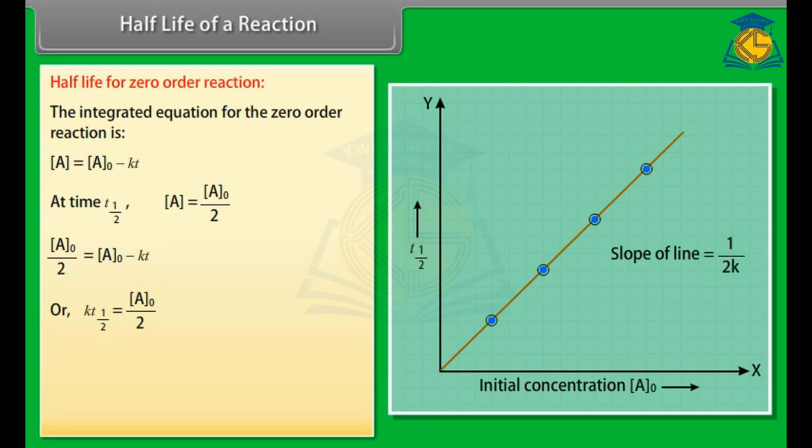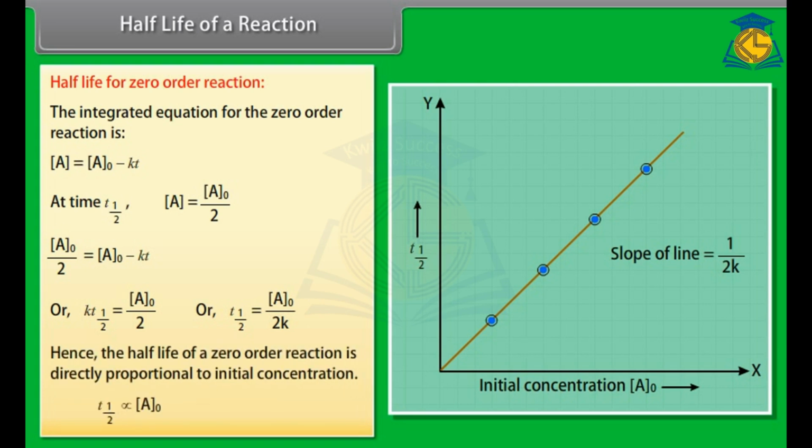It can be written as t half is equal to A naught divided by 2k. Hence, the half-life of a zero-order reaction is directly proportional to the initial concentration.